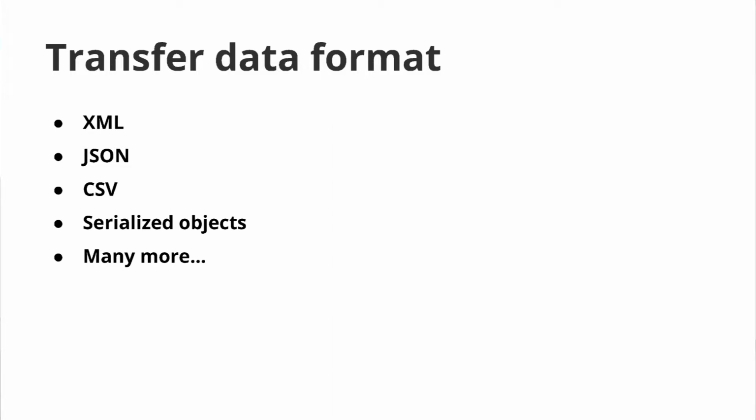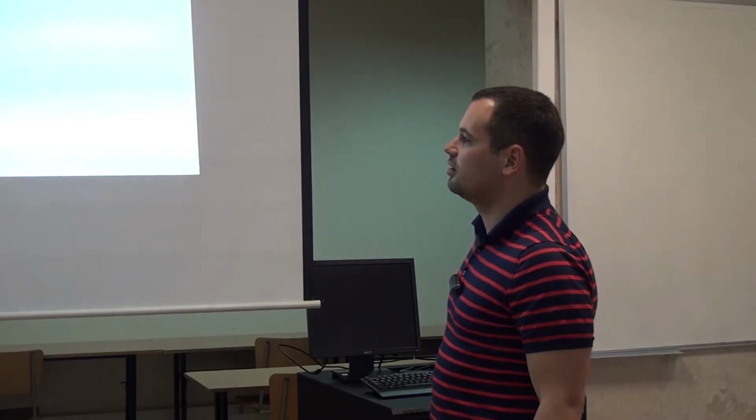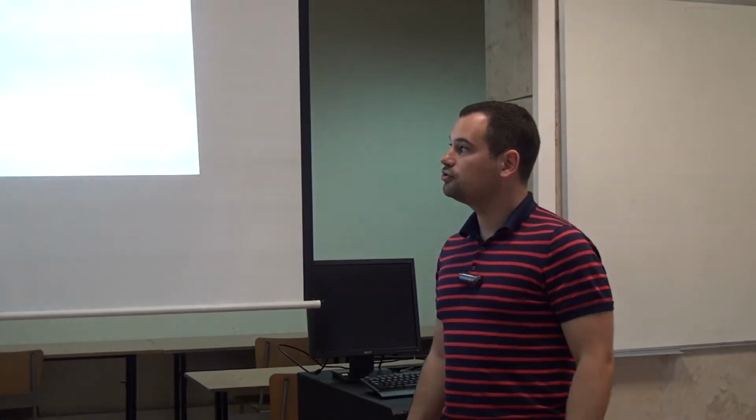They came up with it as a lightweight way to transfer data, and everyone adopted it. You can also do some character separated values, something weird which you want to use.